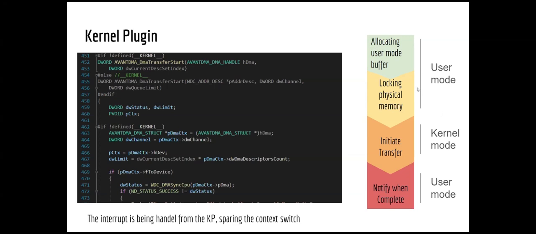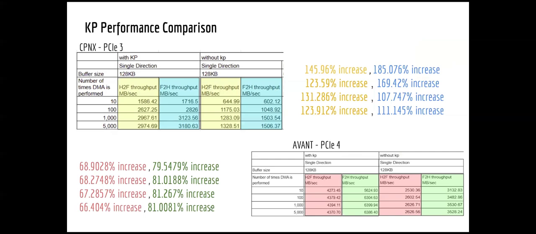So the allocation and locking is taking place in the user mode, and all the other functionalities are taking place in the kernel mode, which leads to significantly better, faster results. The interrupt is being handled from the KP, sparing the context switch. Remember when we talked about it?